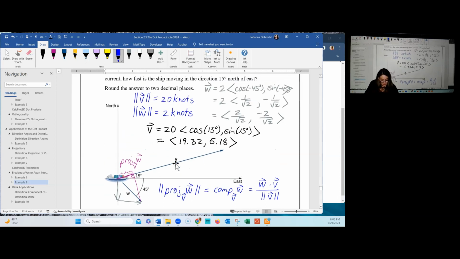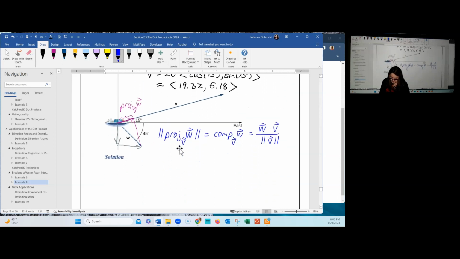They told me it's 20 knots. So I know what this is. And now that I have an expression for W and V, I simply need to dot them together and divide by 20. So go ahead and grab your calculator and work that out.